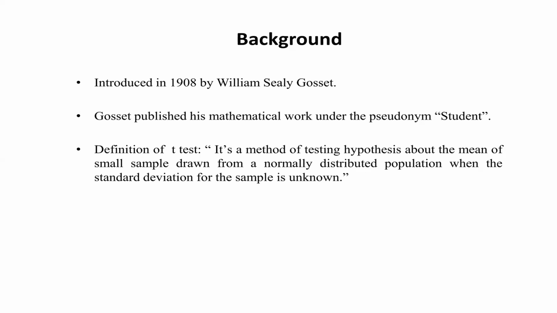For the null hypothesis, we always consider that there is no statistically significant difference between the two groups. When you run a t-test, it will tell you whether there is a significant difference between the two means, but your null hypothesis will always be that there is no significant difference between the two groups.